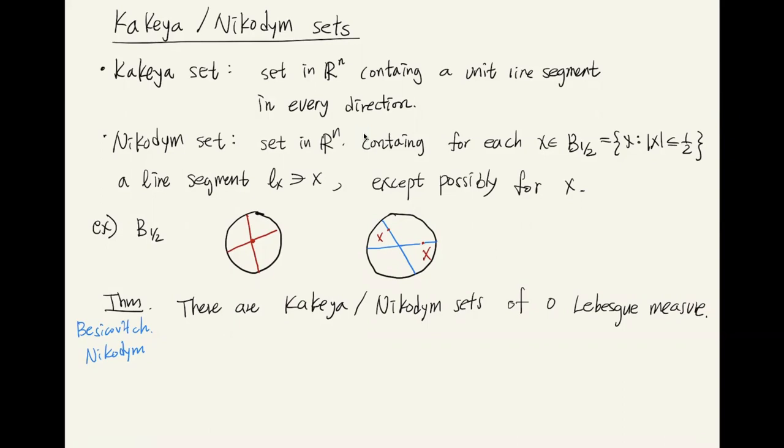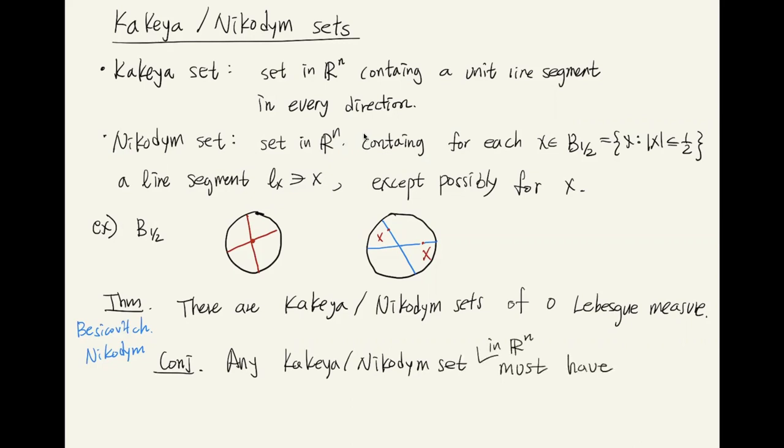And on the other hand, because it contains a lot of line segments, it shouldn't be too small. And this is the Kakeya conjecture regarding the Hausdorff dimension of those sets. Any Kakeya or Nikodym set in R^n must have the largest possible Hausdorff dimension.